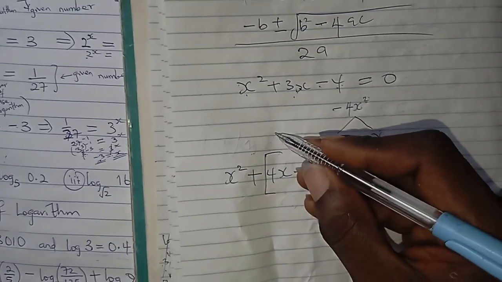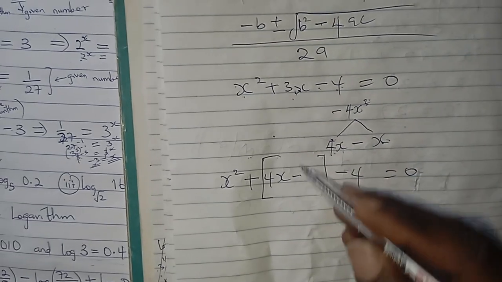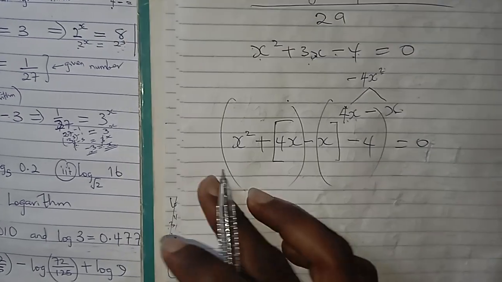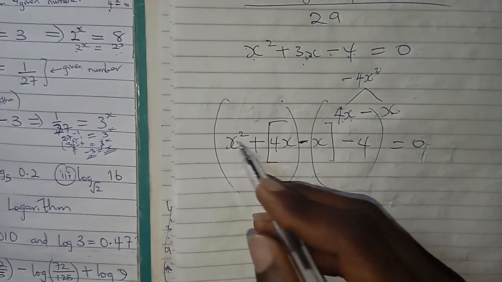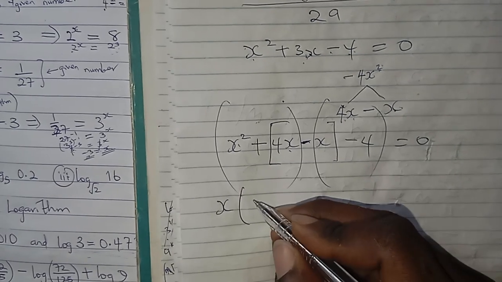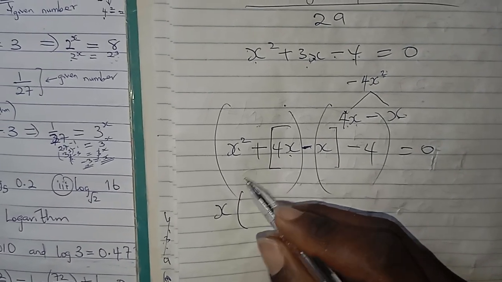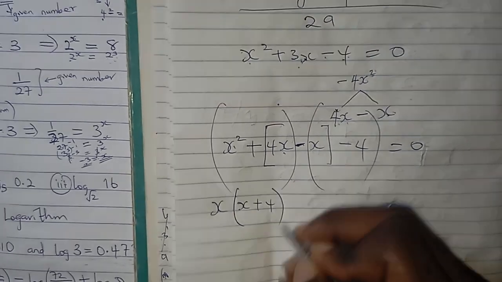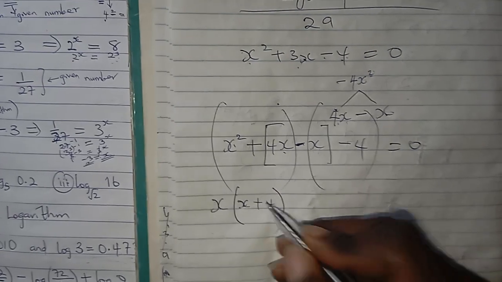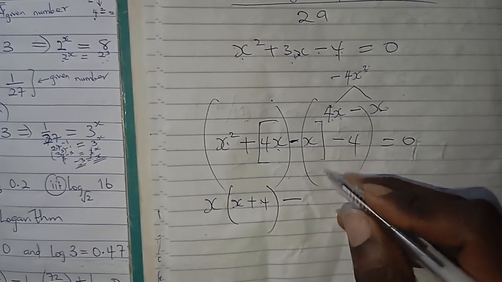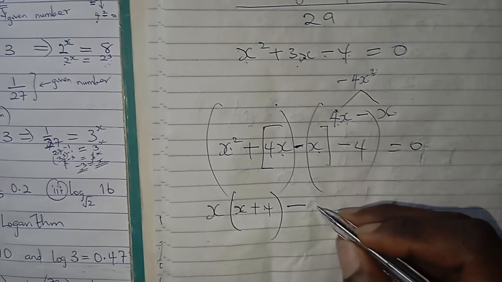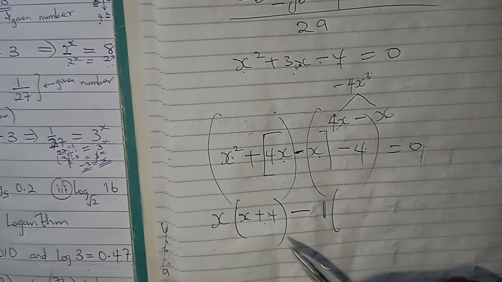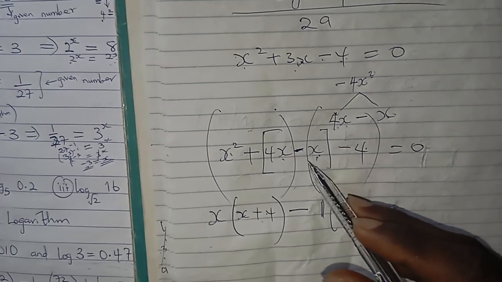So let's factor out. In factoring out, how I like to do my own is this way. I will say this first, this one. Notice that right here I can see x and I see x. Let me bring out x. If I bring out x, x times x is x squared, plus 4x. Then minus, here I have x and I have 1 and I have 4. If I bring out 1, once I factor out what is for x here, I don't need to stress myself.